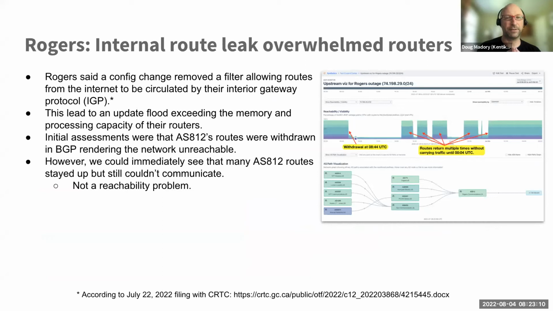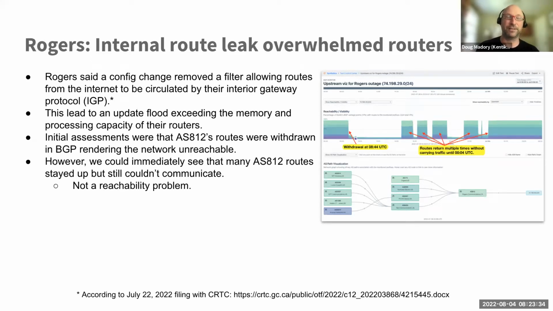Rogers filed an explanation that was published on July 22nd. More or less what they said was they had pushed out a configuration change that removed a filter allowing routes from the internet, so probably the global routing table, to get circulated in their interior gateway protocol.